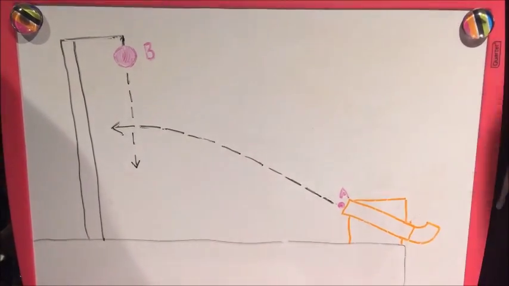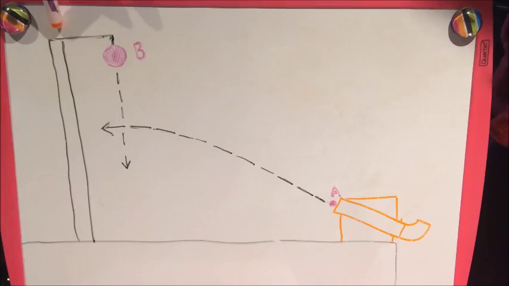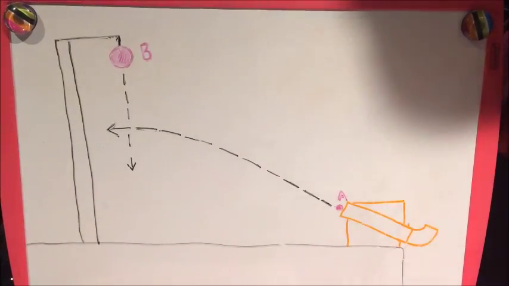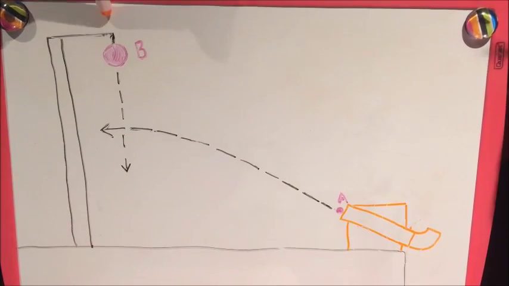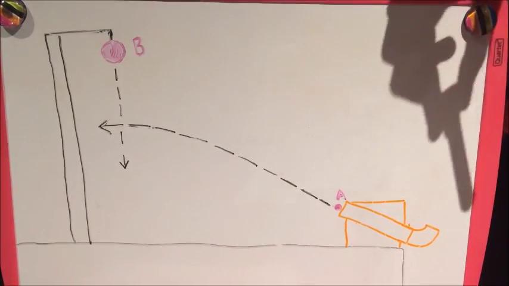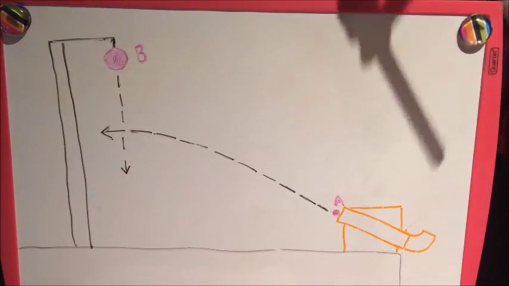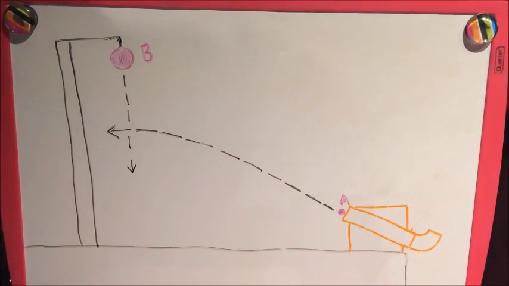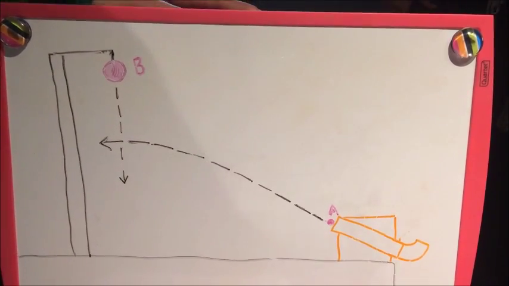Okay, so basically this is how the experiment was set up. This is the launcher with ball A, and this was the rod holding up ball B. There's a current that goes through the experiment here that holds up ball B, and when ball A was launched, the current stops, so ball B falls at the exact same time as the launch. There's a common misconception that ball A will go in a straight line.